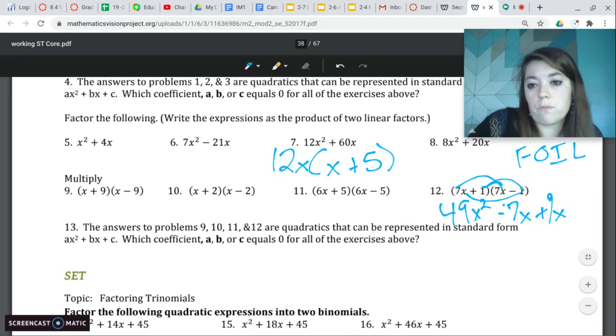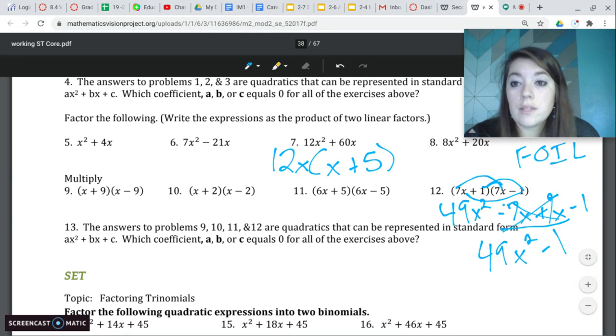And negative 1 times positive 1 will give us a negative 1. Simplify this down. Negative 7 plus 7, those cancel. So we're left with 49x squared minus 1.